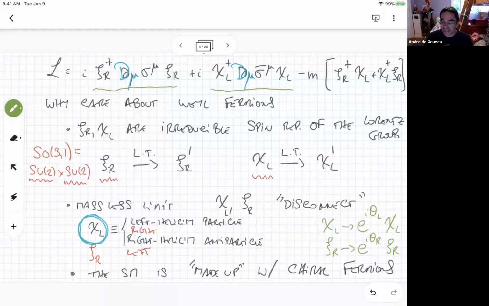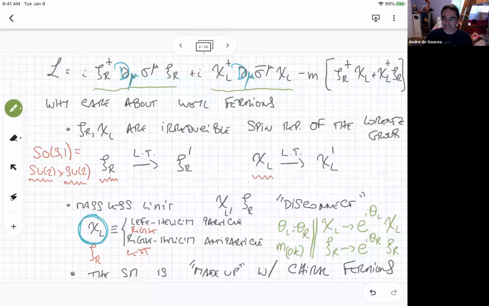And you notice that the kinetic energy terms of the Lagrangian are invariant under that. The mass terms, on the other hand, are not, because the mass term is this mixture of the chi and the xi. If you rotate chi by a phase, and you rotate xi by a different phase, the Lagrangian is not invariant under that. It is invariant, however, under the hypothesis where the two thetas are the same. So if the two thetas are the same, then the mass term is okay.